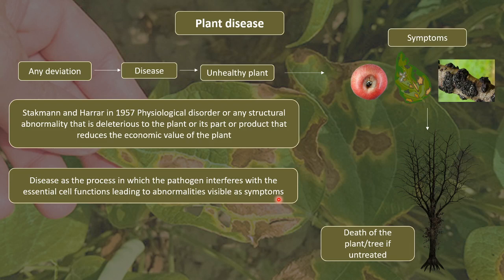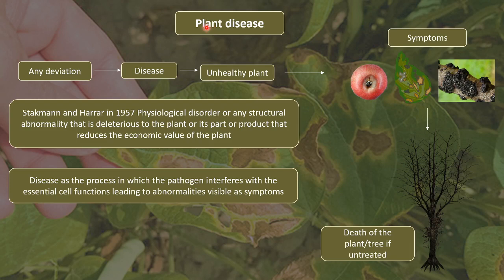So this is disease, and this is true in the case of human beings or any organisms too. When the inner physiological functions are not good, when there is something wrong inside the body, the symptoms will appear outside the body also. Same is the case with plants, right?